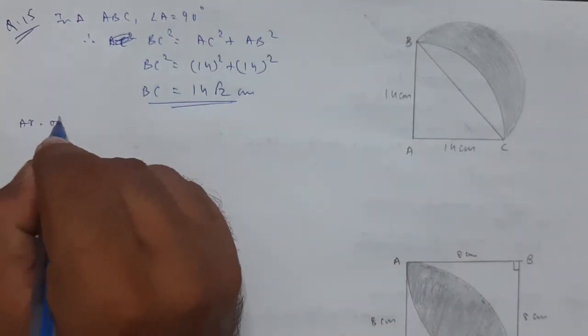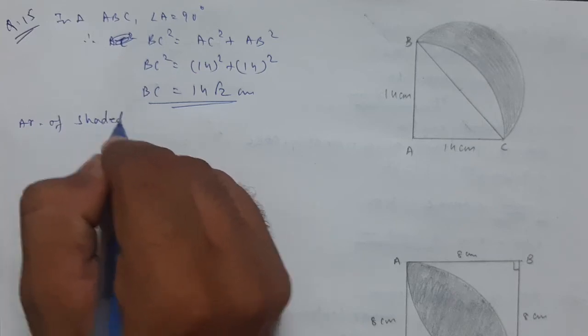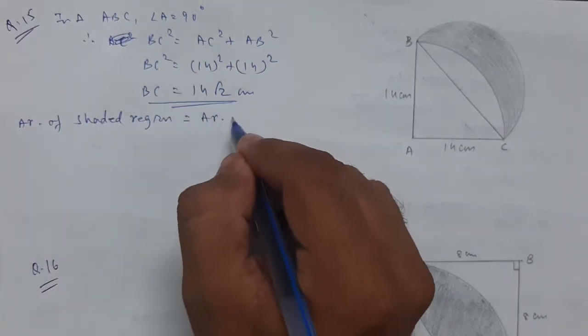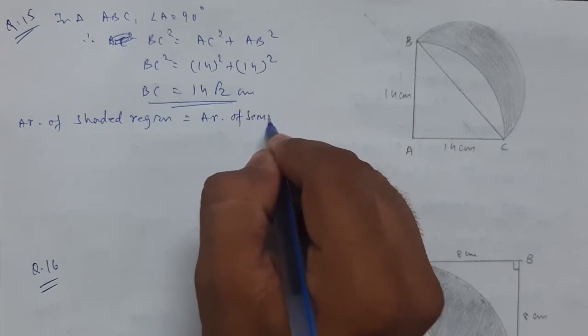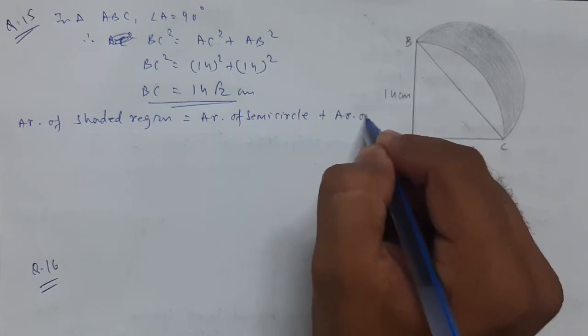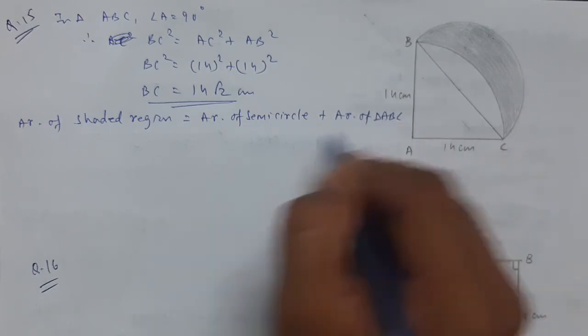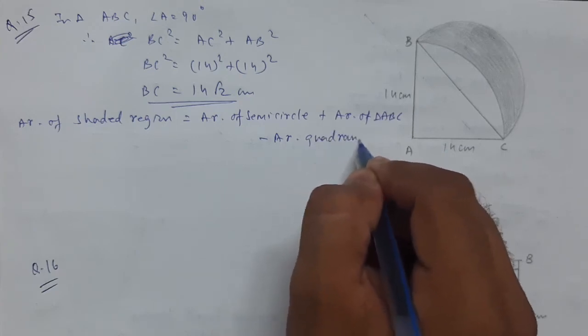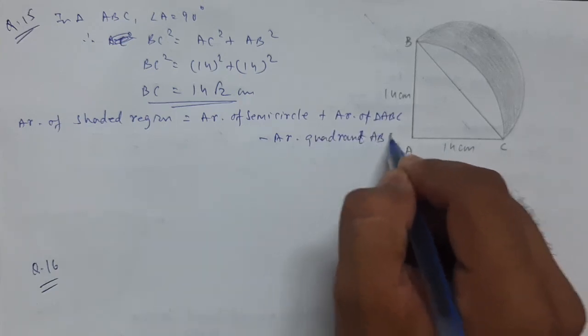So I can write area of shaded region is equal to area of semicircle plus area of triangle ABC minus area of quadrant ABC.